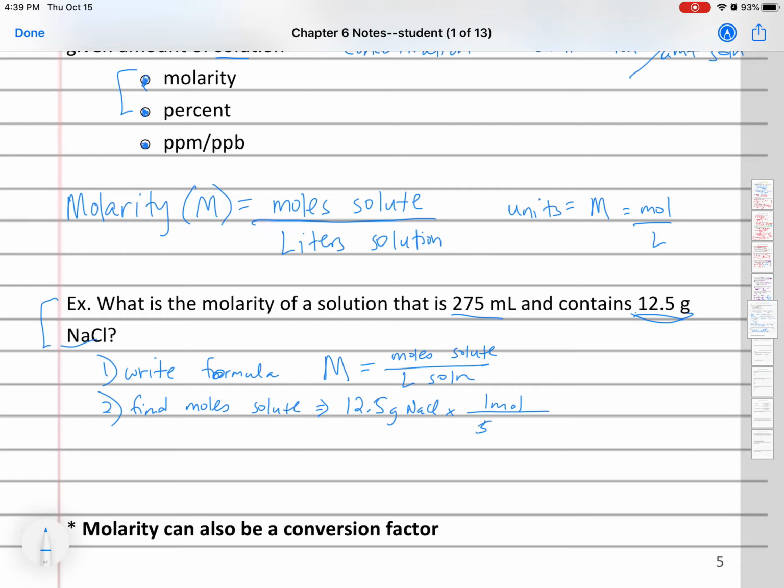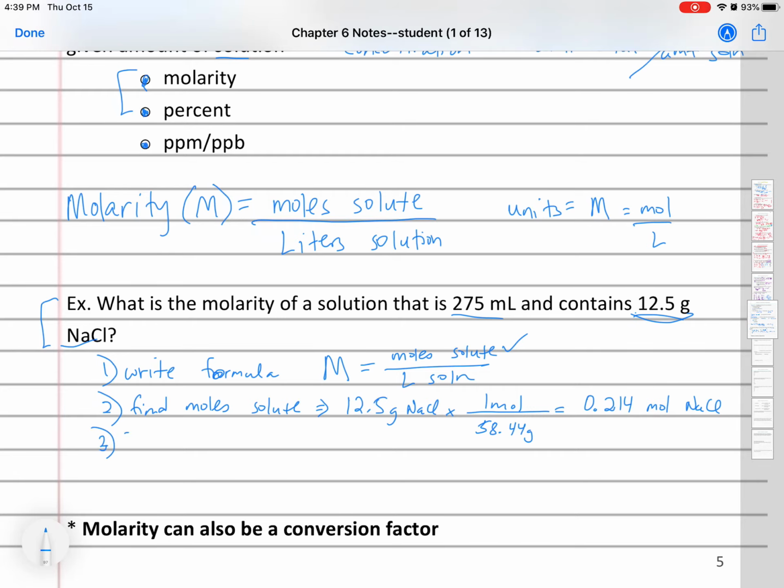Sodium plus chloride, the molar mass, if we use the periodic table, we'll find it's 58.44 grams. So that is a total of 0.214 moles of sodium chloride, our solute. All right, check. We found the moles of solute.